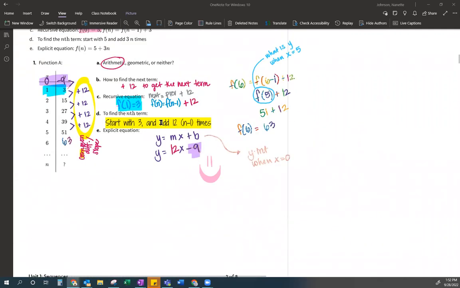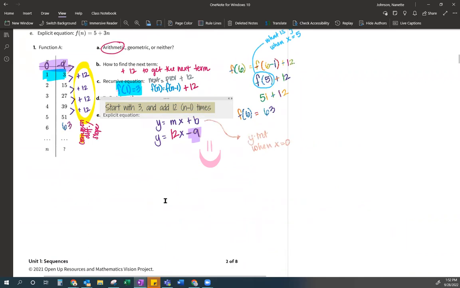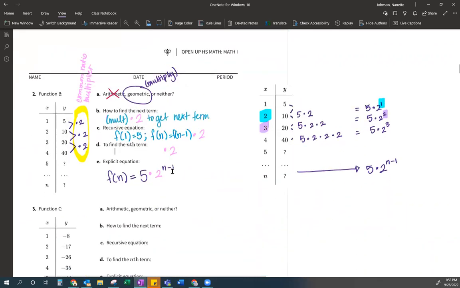Let me grab this structure real quick. So what I am doing is I am starting at 5. I'm not adding, am I? What am I doing?